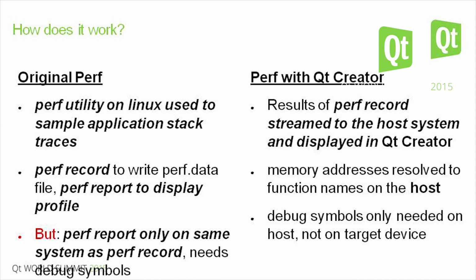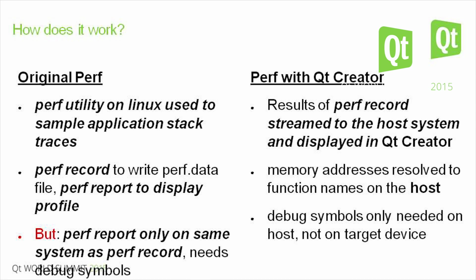So you basically have to do it on the same machine that you did perf record on, or you have to do some really intricate setup, and it also only works on the same CPU architecture, so you cannot record something on ARM and report it on x86.